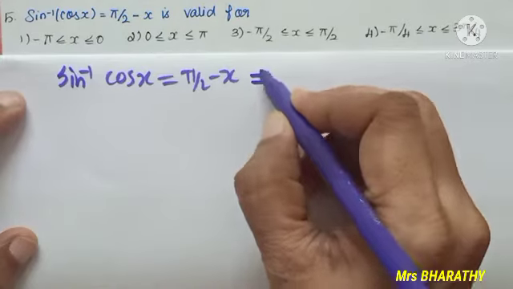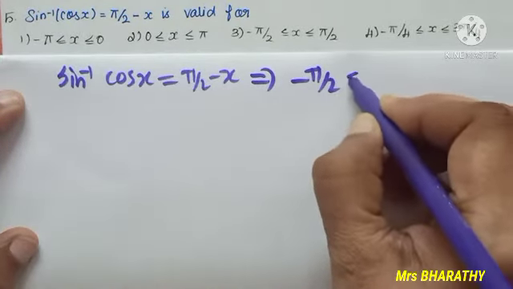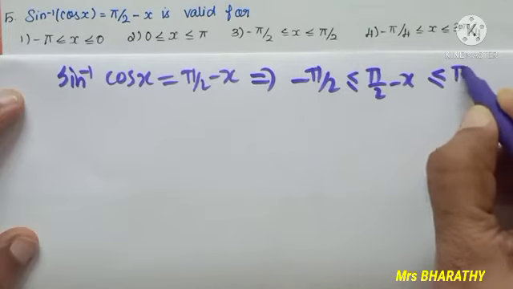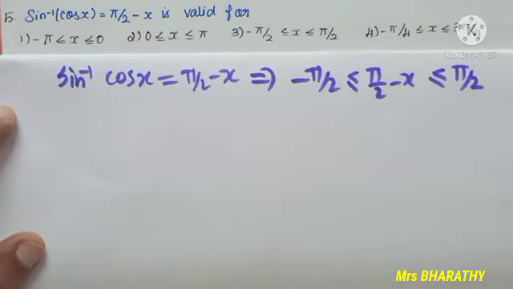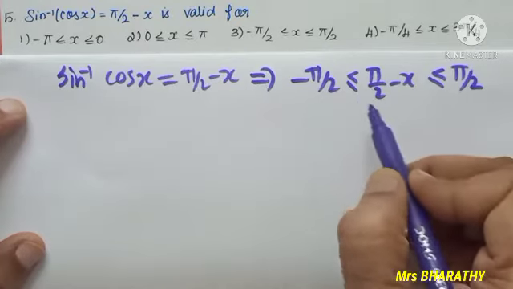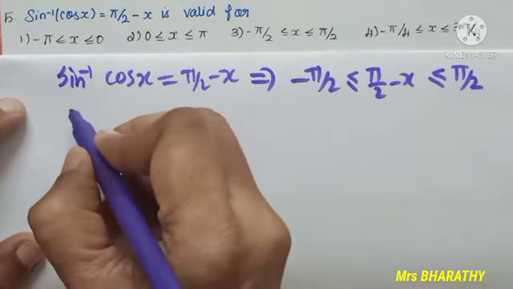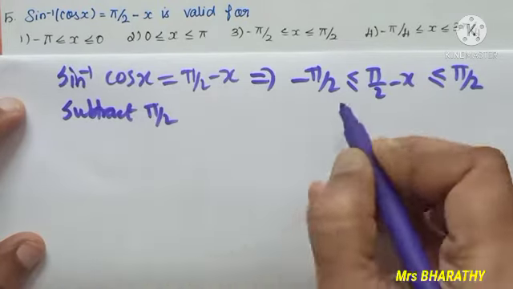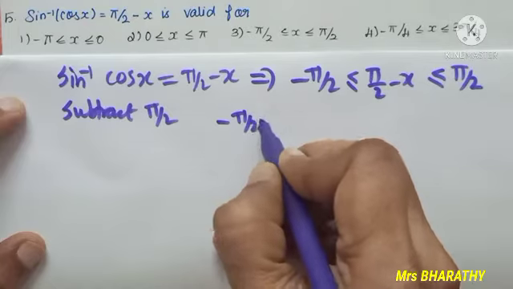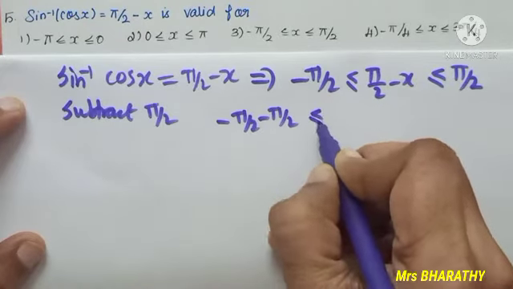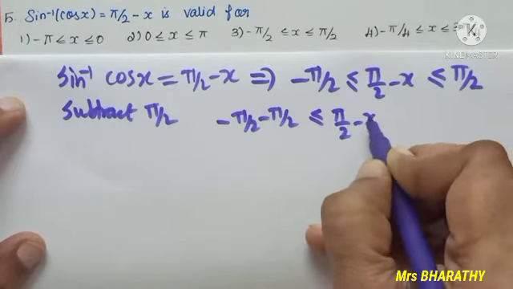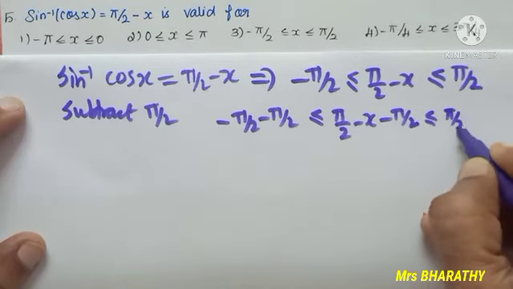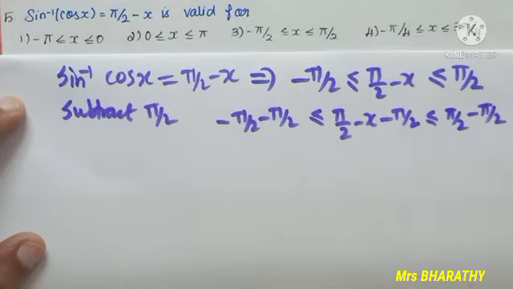So we say minus pi by 2 less than or equal to pi by 2 minus x less than or equal to pi by 2. Let me subtract pi by 2. So we get minus pi by 2 minus pi by 2 less than or equal to pi by 2 minus x minus pi by 2 less than or equal to pi by 2 minus pi by 2.